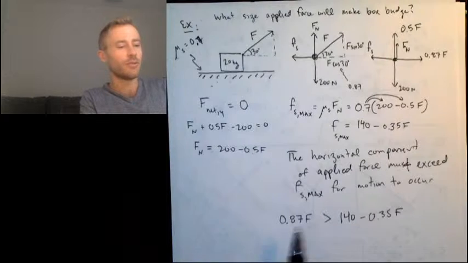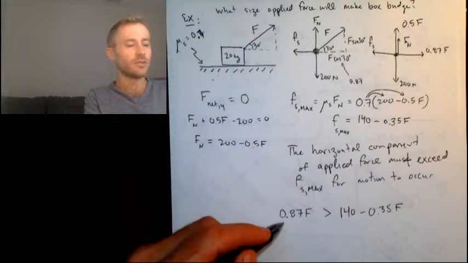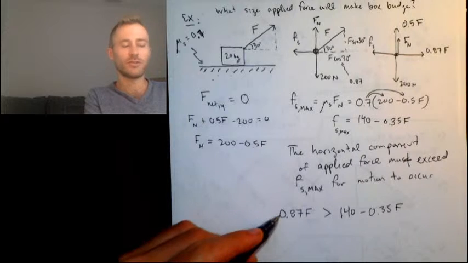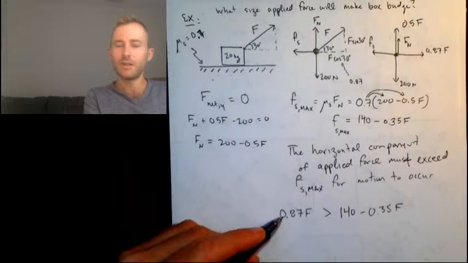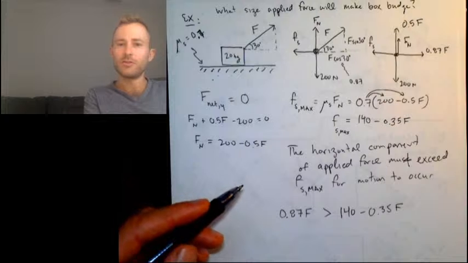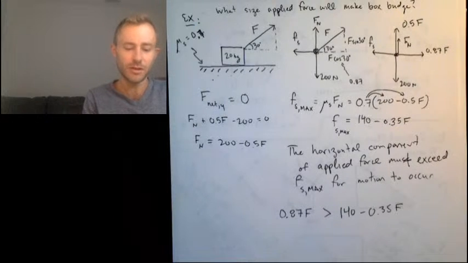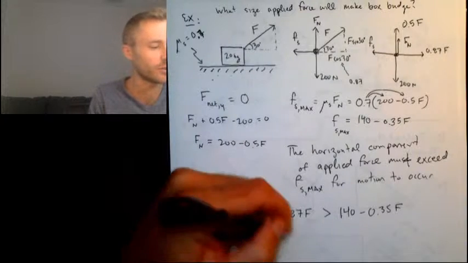I add 0.35 F over to the other side. So 0.35 plus 0.87 is what? 1.22. Let me double check that. 0.87 plus 0.35. Yeah, 1.22.